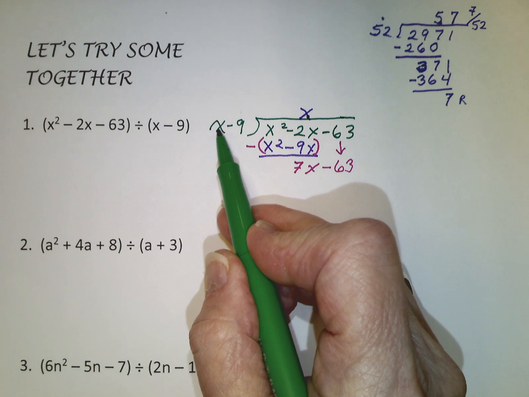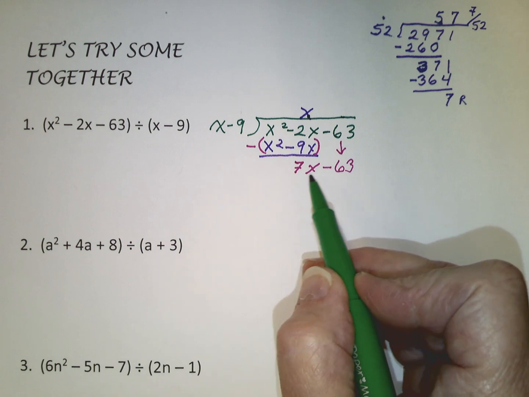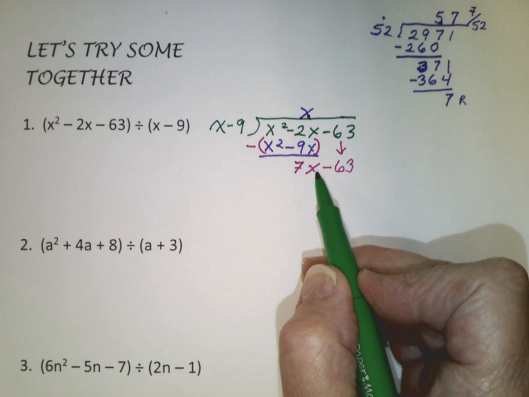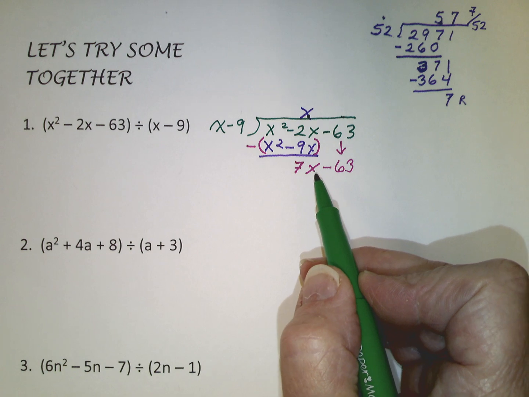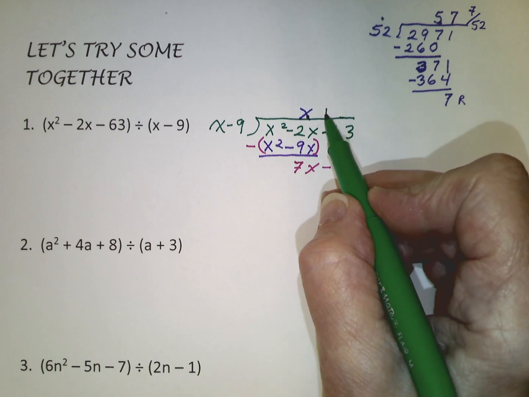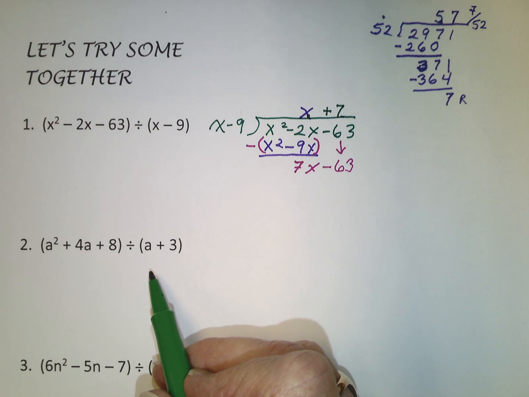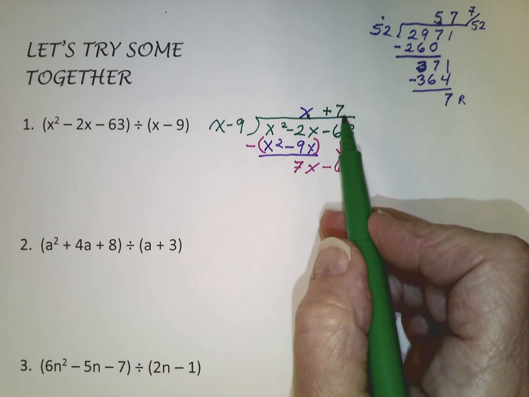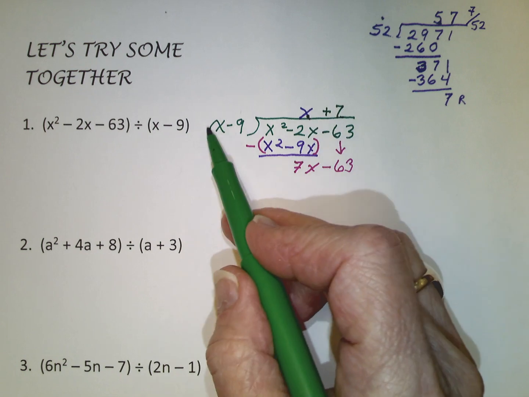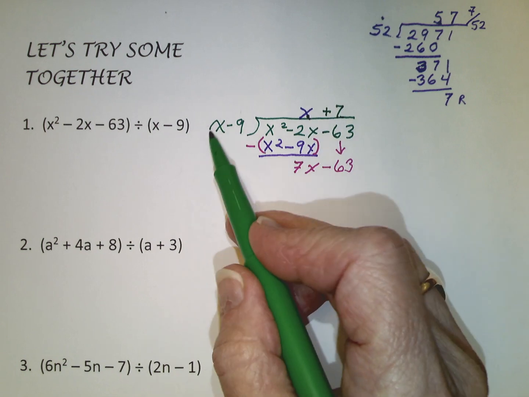So now we're asking ourselves, what do we multiply times x to get 7x? Well, that would have to be a 7. And because it's a positive 7, we'll write plus 7 up here. And then multiply a positive 7 times the entire divisor.